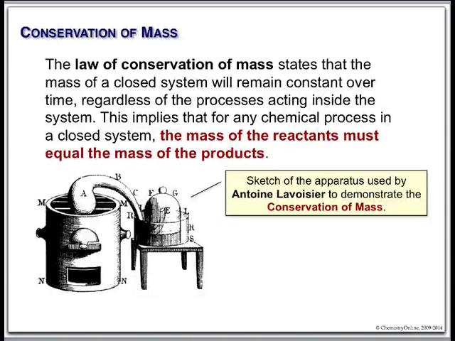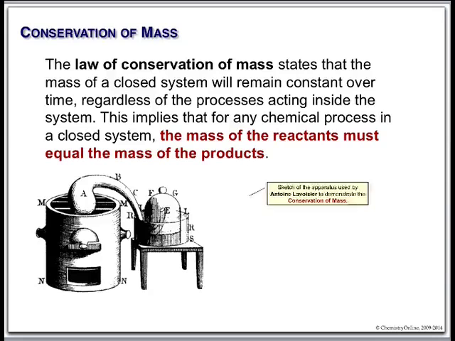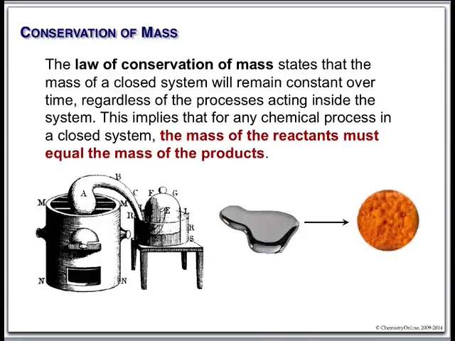What he found was that he could take, very carefully weigh out his mercury, very carefully weigh the products, and in his closed apparatus, he could also weigh the oxygen. So, he knew the mass of what he started with, the mass of what he got. He could also take this, heat it back up, and convert it back to mercury and oxygen.